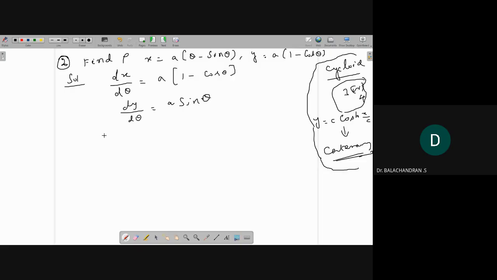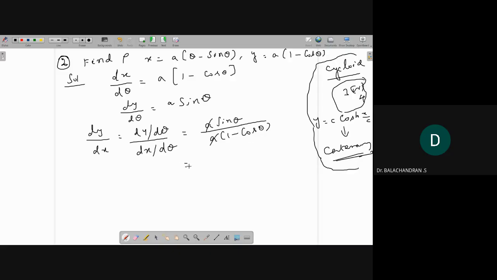And then I need dy by dx, so that is dy by d theta divided by dx by d theta. So a sin theta divided by a into (1 minus cos theta). So a gets cancelled. You have sin theta divided by 1 minus cos theta.